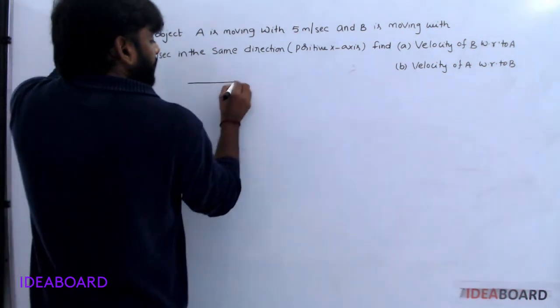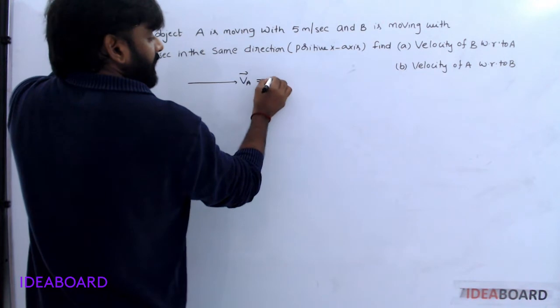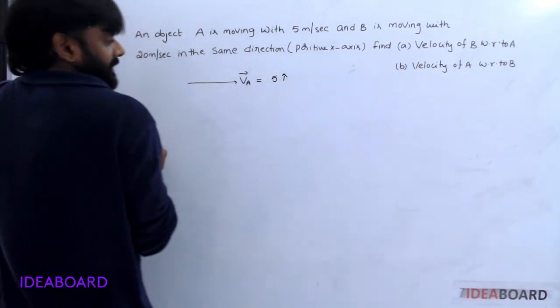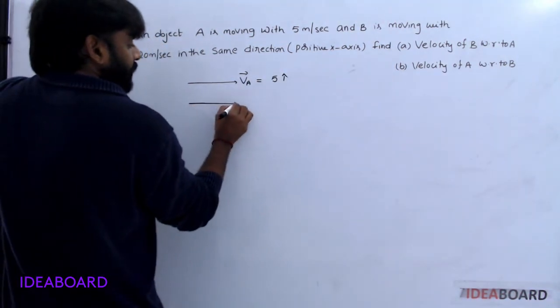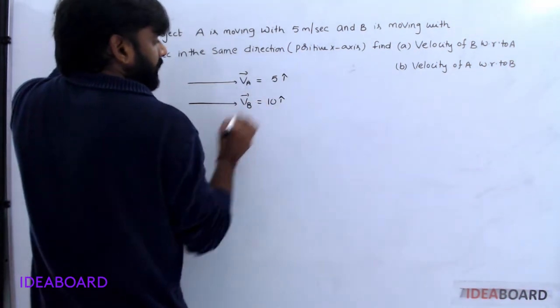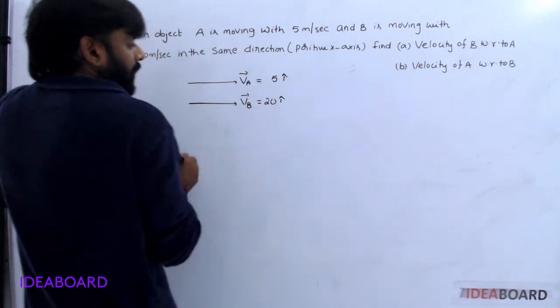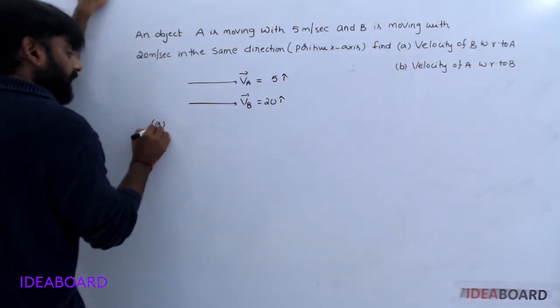See, A. Okay, what is this given velocity? 5 along positive x-axis, 5 i cap. Next one, B is equal to 20 i cap. What is the first case?